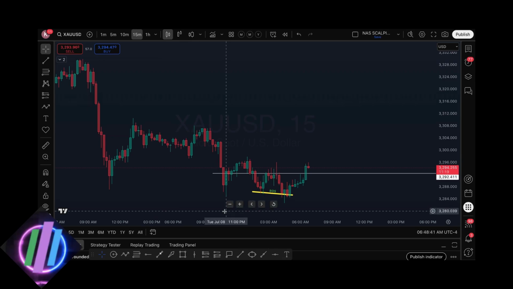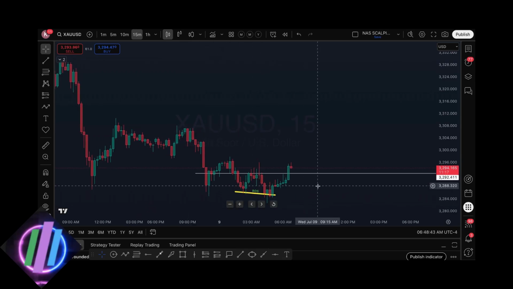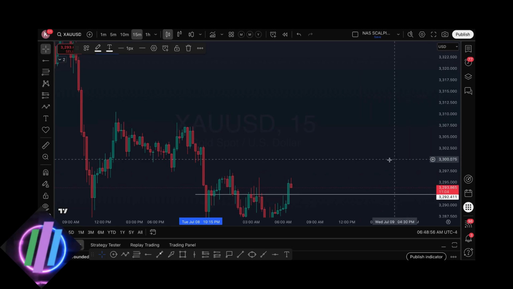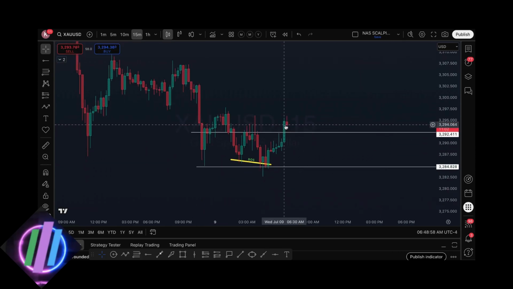So you have the break of structure and you have price from the highest point before it makes its break of structure. So you have these swing points. Okay. And then what happens? You have price close above the highest point it made before it made this lower low.